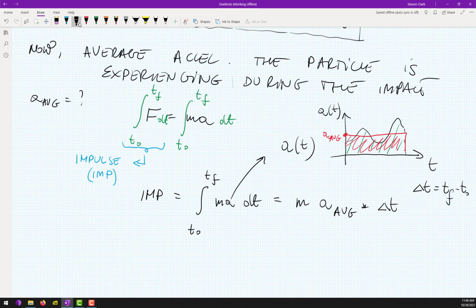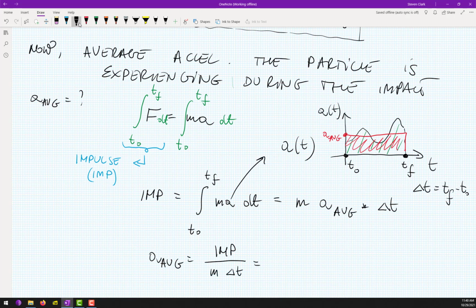I can also put tf and t0 on the plot. This is tf, this is t0. So A average is equal to IMP divided by m divided by delta t.